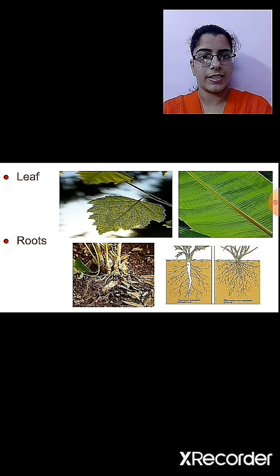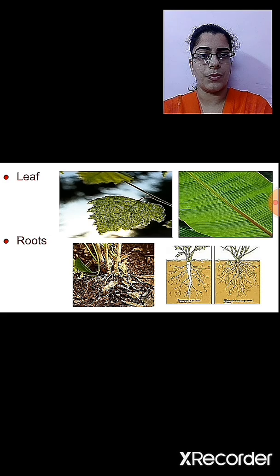Then we have studied the two different types of root, taproot and fibrous root. What is a taproot? The taproot consists of the main root. The main root is known as the taproot, and the small roots that arise from the taproot are known as the lateral roots.